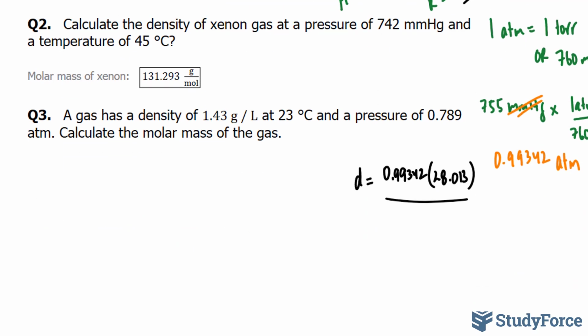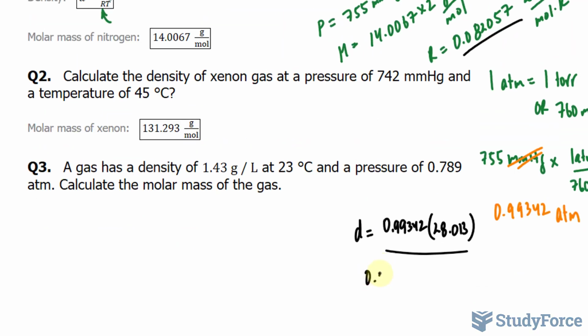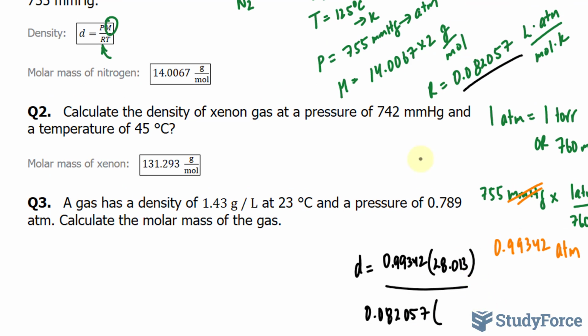Let's write that down. 0.082057 multiplied by the temperature of 125 plus 273.15. That's the conversion from Celsius to Kelvin. You take your Celsius and you add it to 273.15.